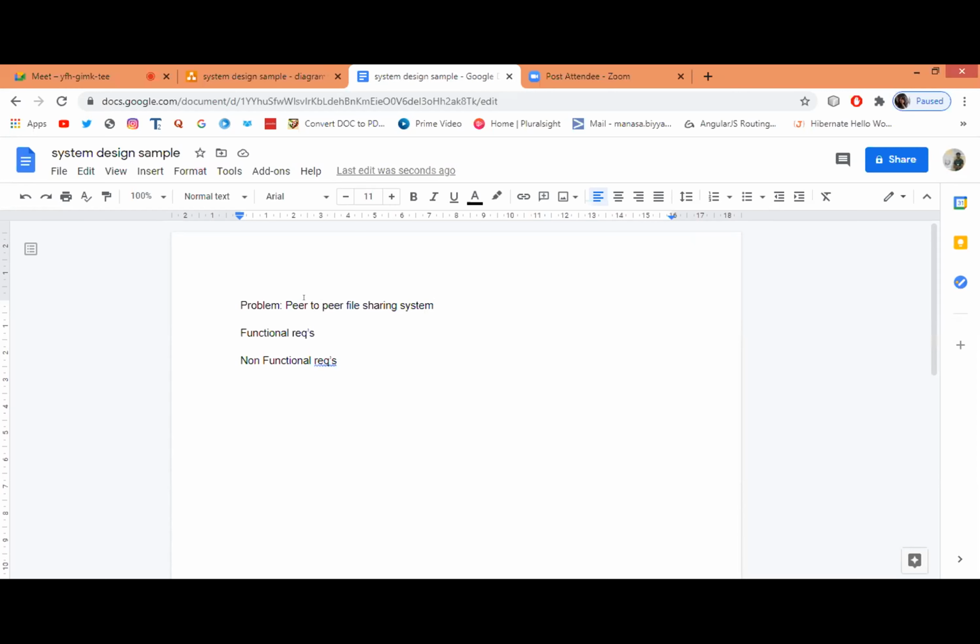Yes, so it's more like torrents, something similar to that. Torrents, you can say, or like in your university we have DC++ kind of thing. Okay.